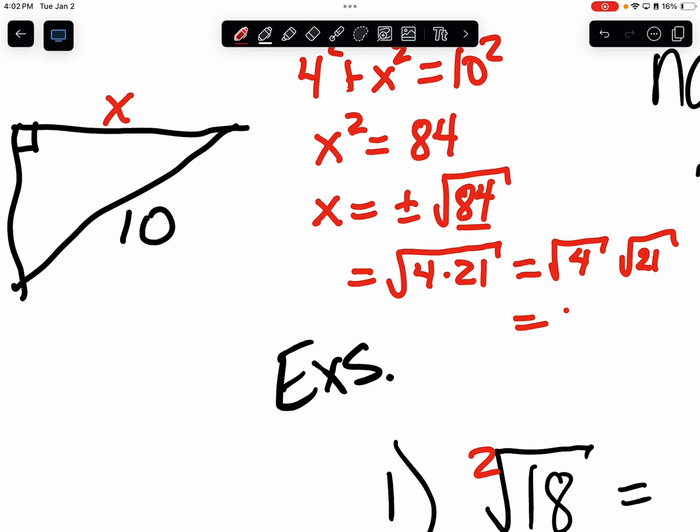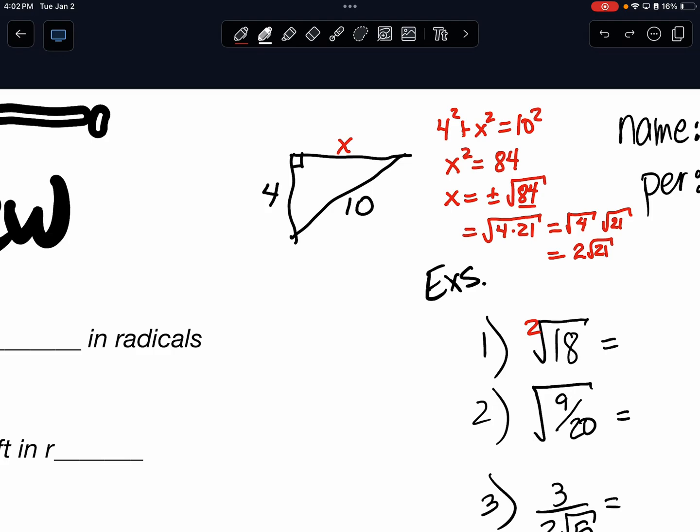And radical 4 becomes 2, and radical 21 stays radical 21. So it's 2 radical 21. All right? So that's why we have to deal with radicals: we want to find exact answers for sides of triangles.